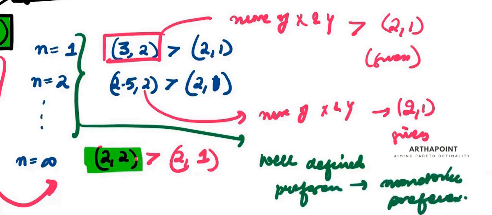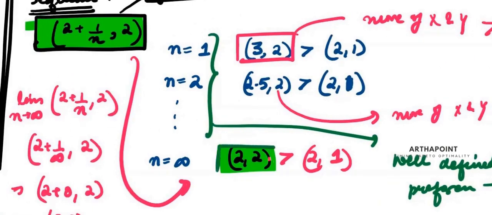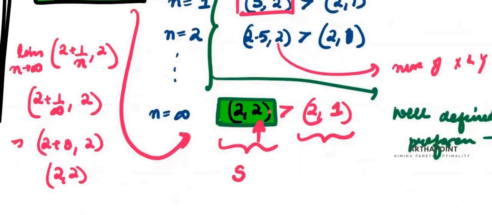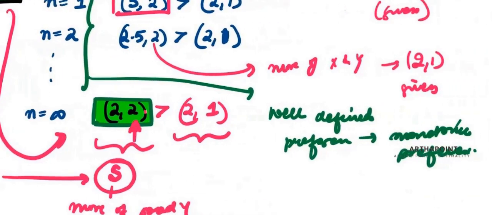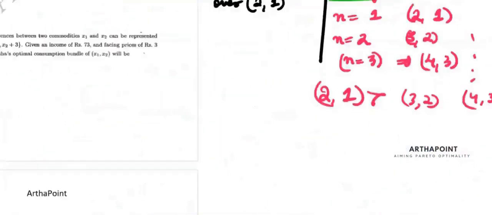The sequence converges to 2 comma 2, and this has more of good Y, so it should be preferred over 2 comma 1. So we come to the conclusion, and you were correct, that S is preferred to 2 comma 1.